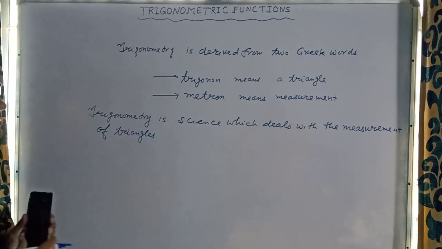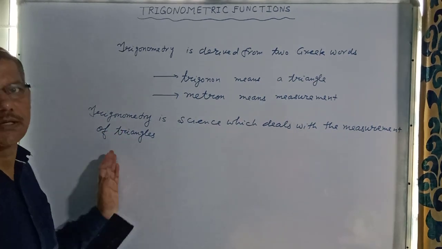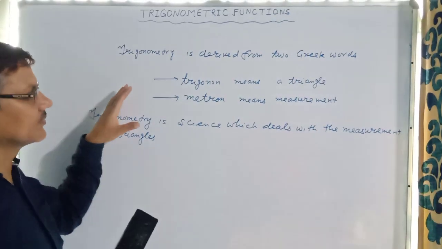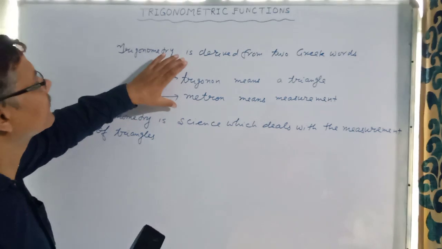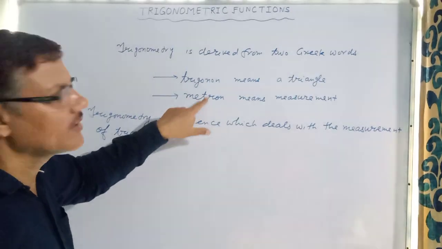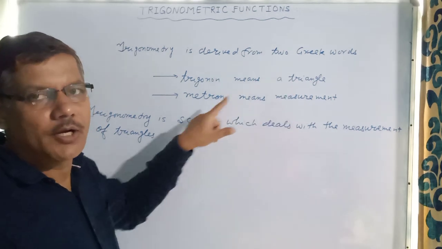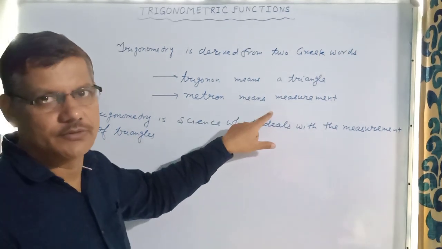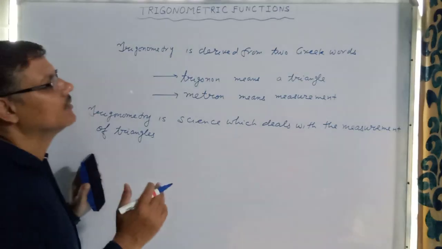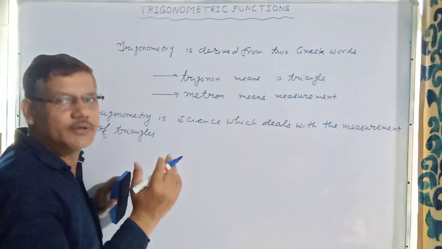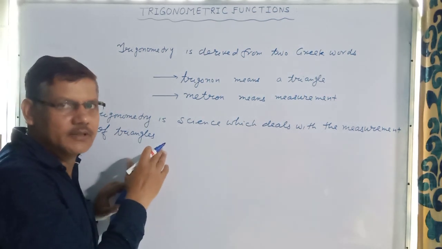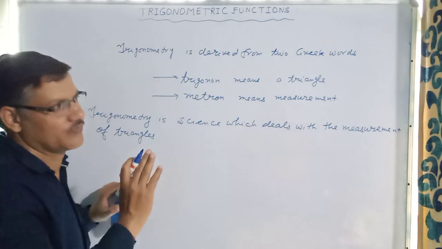Measurement of triangles means measurement of the sides of triangles and angles of triangles. This is about trigonometry. It is derived from two Greek words, trigonon and metron. Trigonon means a triangle and metron means measurement. So the branch of mathematics in which we deal with the measurement of triangles, that is, sides of a triangle and angles of a triangle, is called trigonometry.